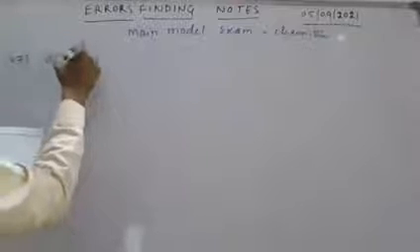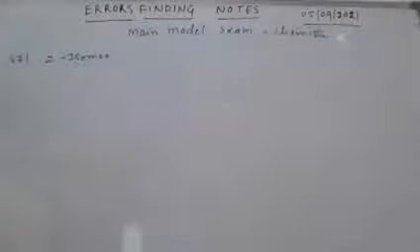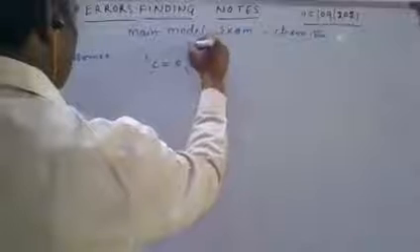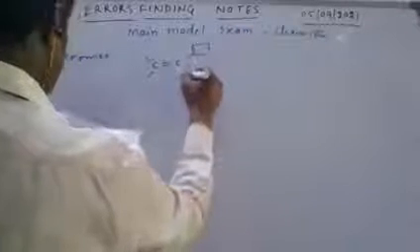Question number 47. Identification of Z isomer. Z isomer means same priorities on the same side of the restricted rotation. Look at the structures.